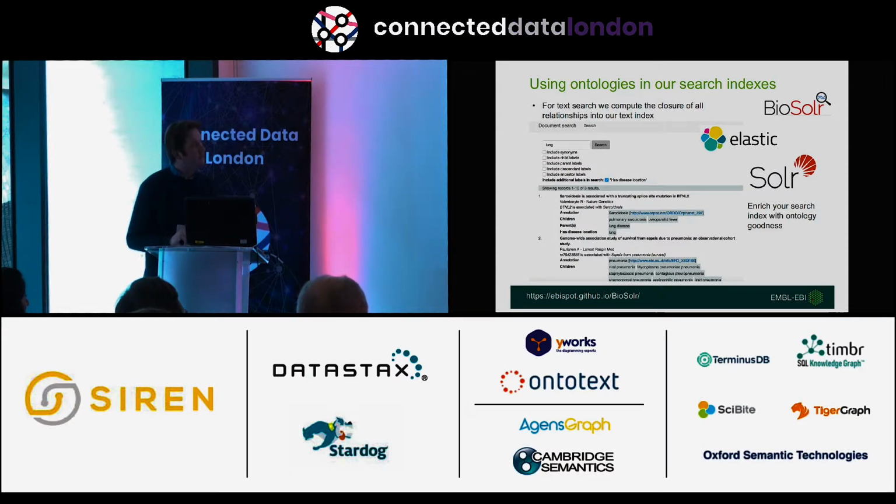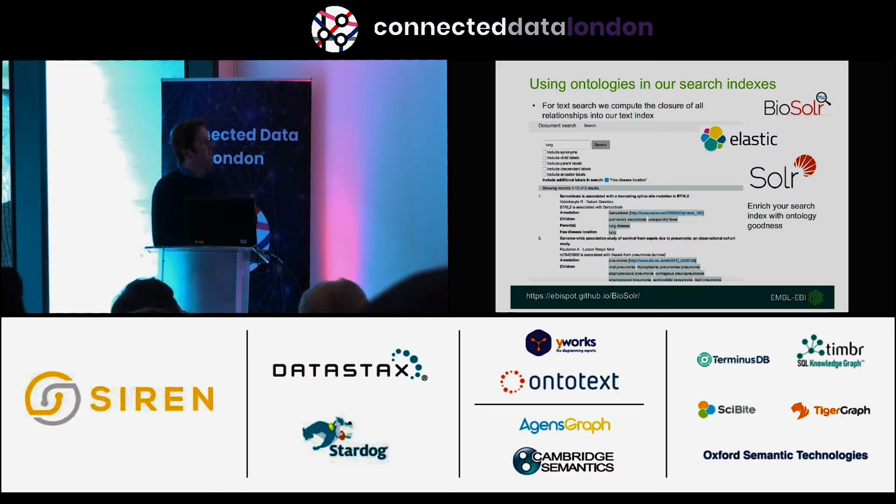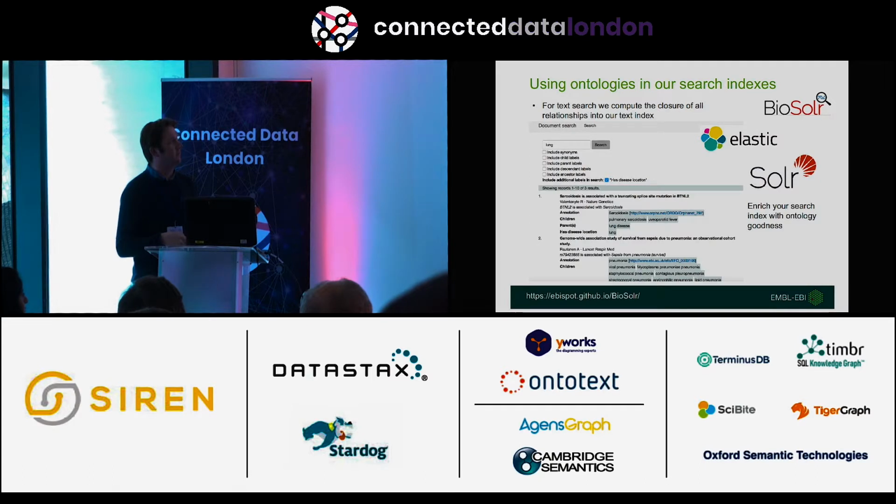So that's the back end for the structure of the ontologies. We also do a lot of work because, like I say, most of the databases at the EBI are probably using some kind of search technology like Elastic or Solr. So we've been thinking about, when you've got your data annotated to ontologies and you've got this structure, what's the best way to put that structure into a document store so that we can do this query expansion?